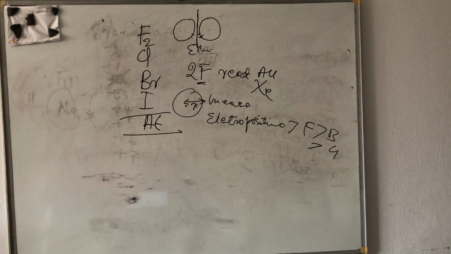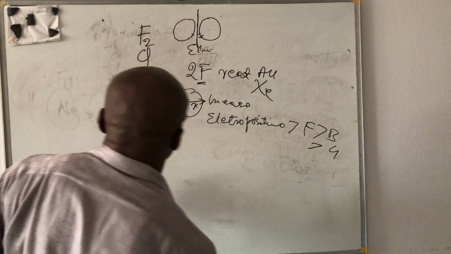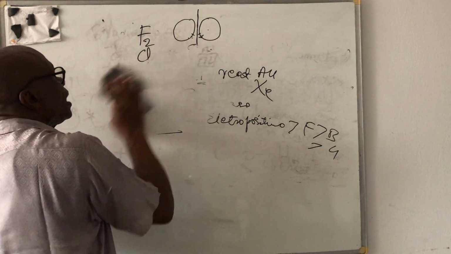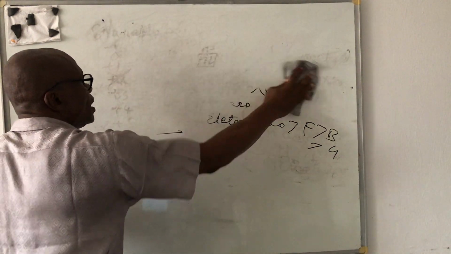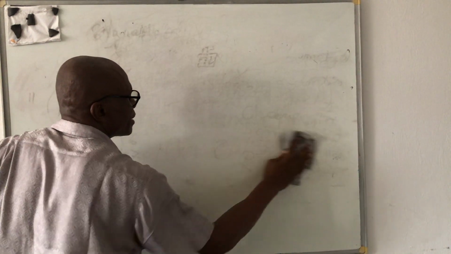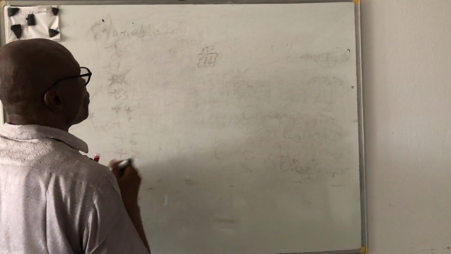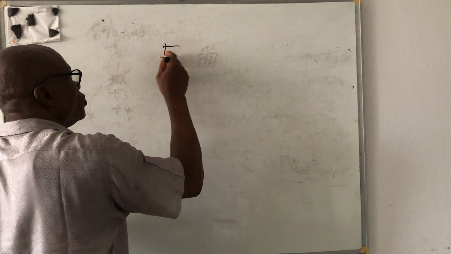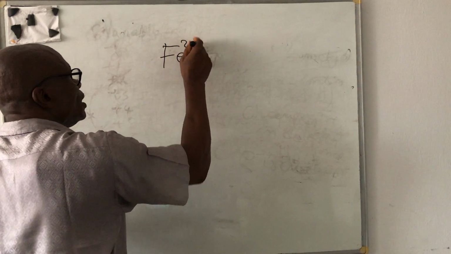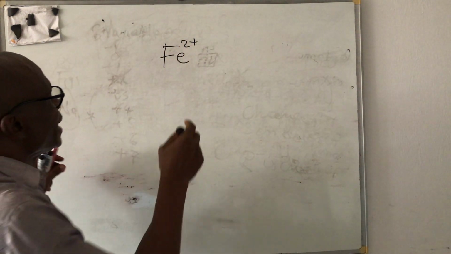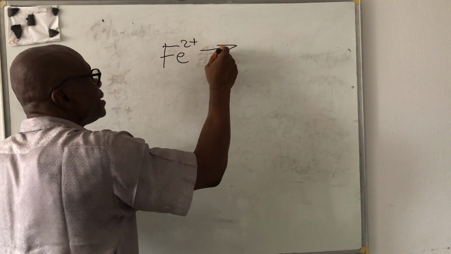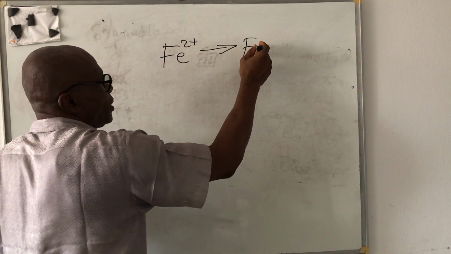Furthermore, in talking about reactivity, the halogens, even though their reactivity decreases down the group, have the ability of reacting with iron(II) in aqueous medium and oxidizing it to iron(III).